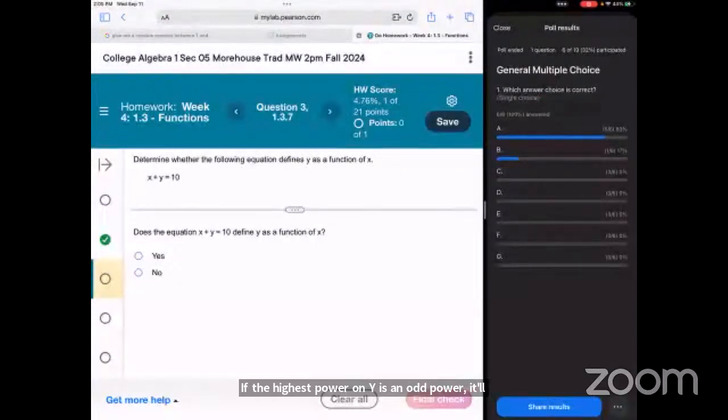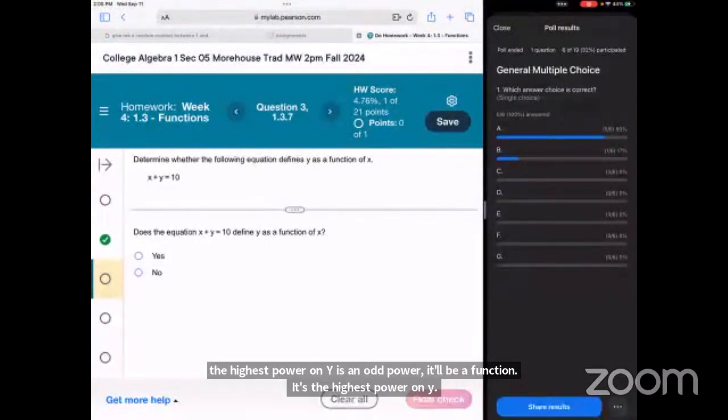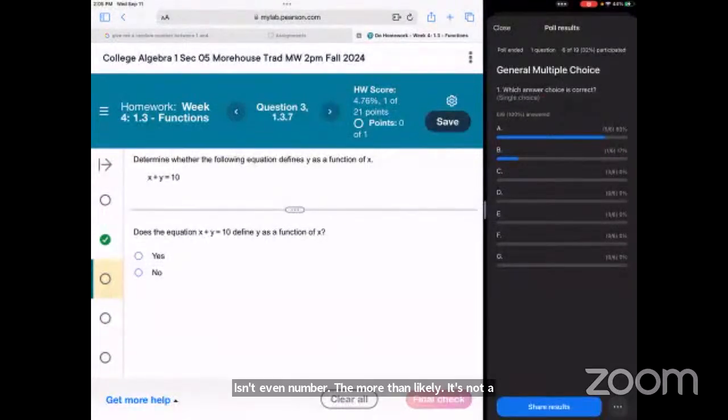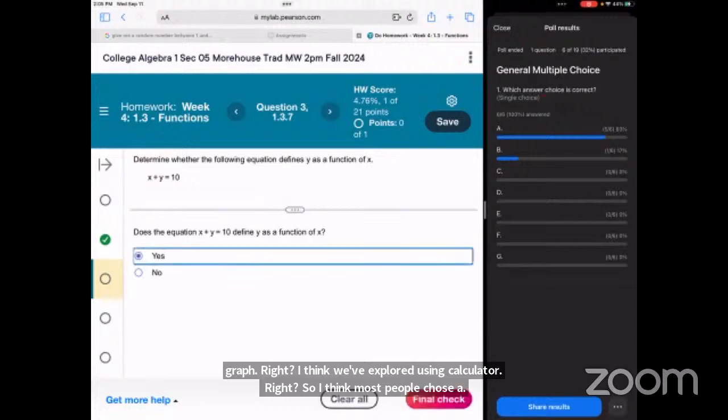If the highest power on y is an even number, then more than likely it's not a function. One thing we could do is look at the graph. I think we've explored using Desmos or a graphing calculator. Most people chose A, which is yes, so we're going to go with it.